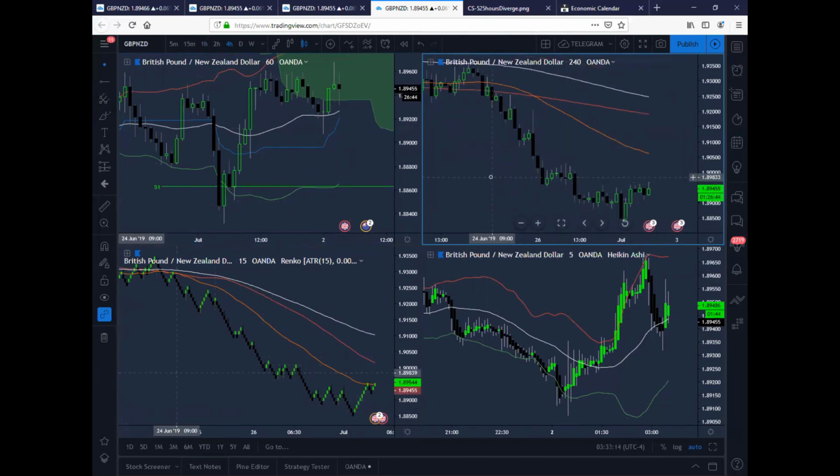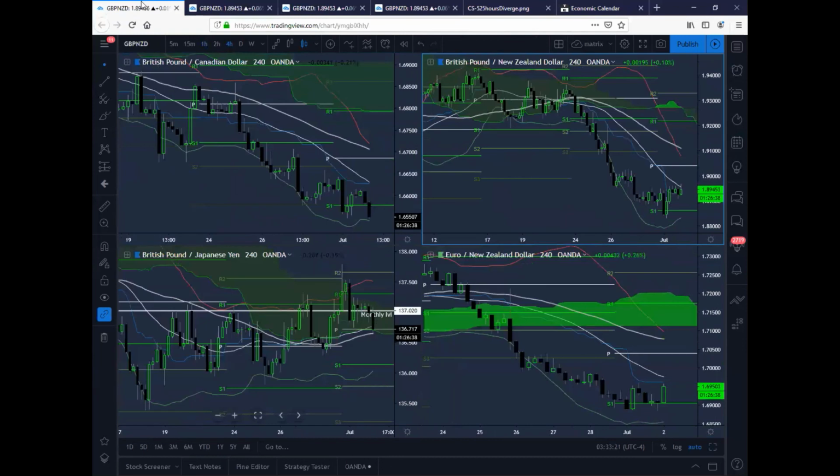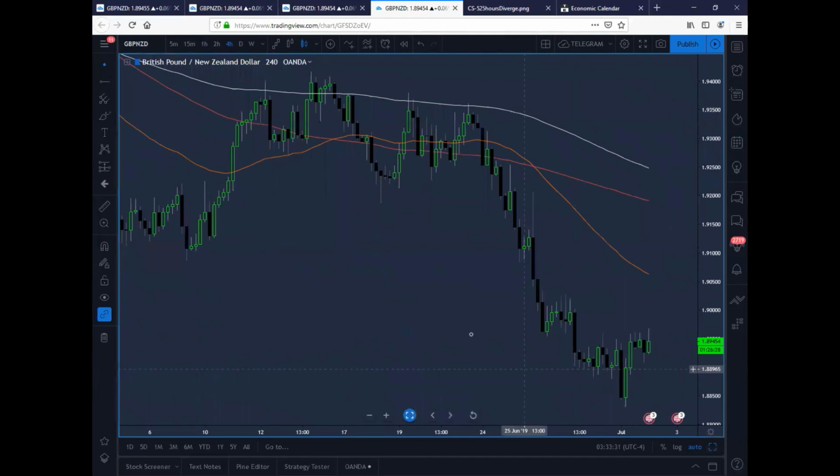So let's get the ATR up on a plain Jane chart. Make this large. Let's go.